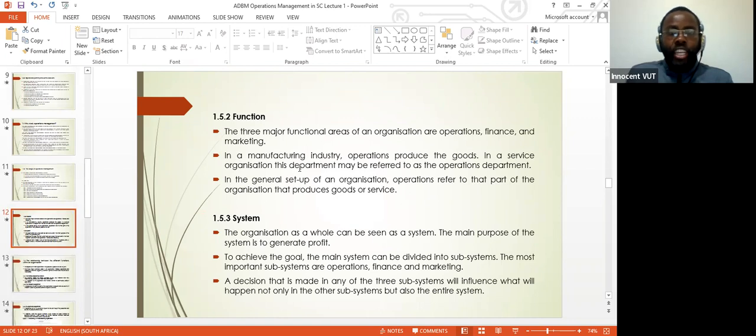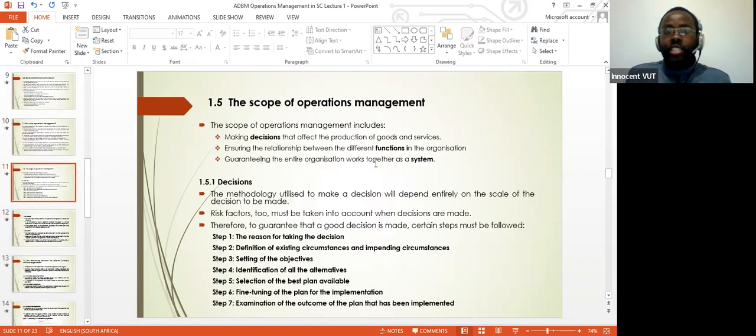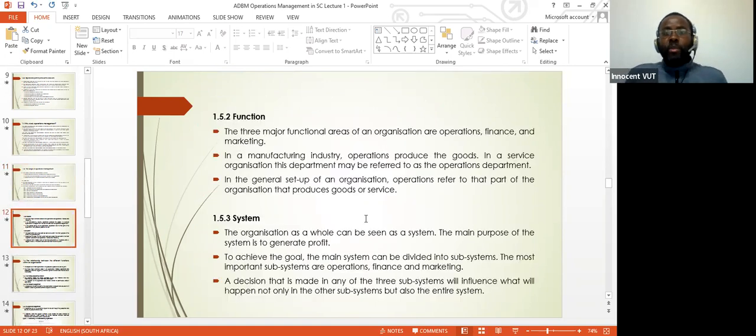All right, the second one is functions. We said the first one we're looking at is decisions. Second one is functions, and then we have a system, the scope of operations management. The three major functional areas of an organization are operations, finance, and marketing. In a manufacturing industry, operations produce the goods.